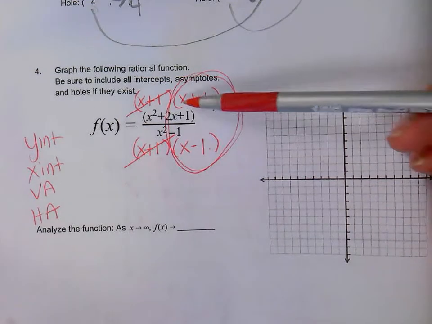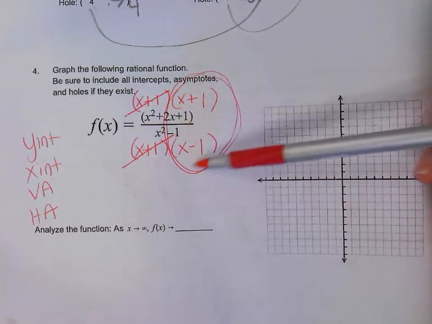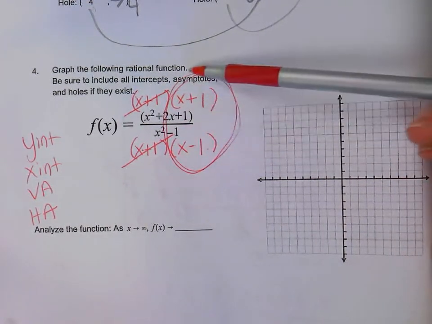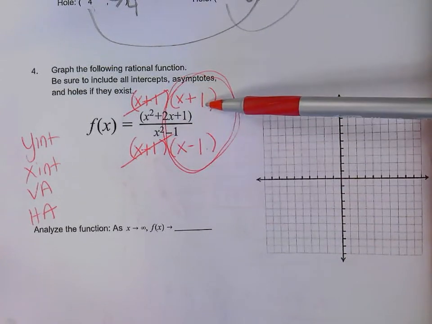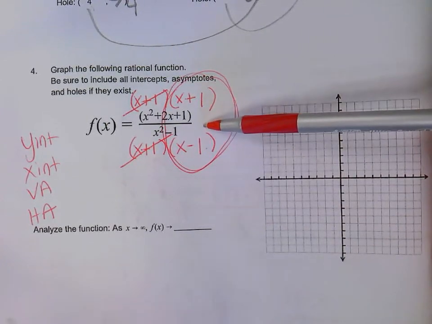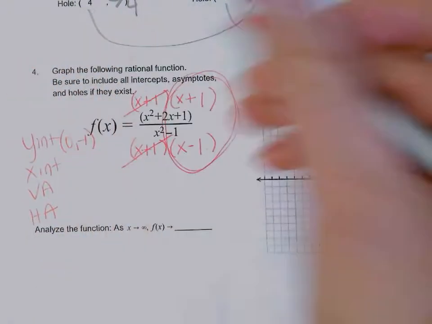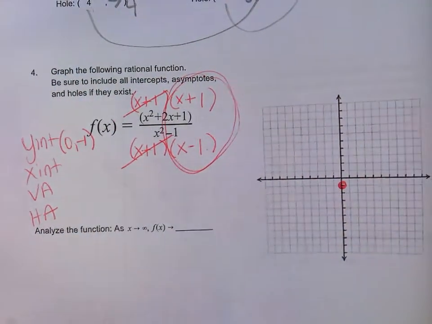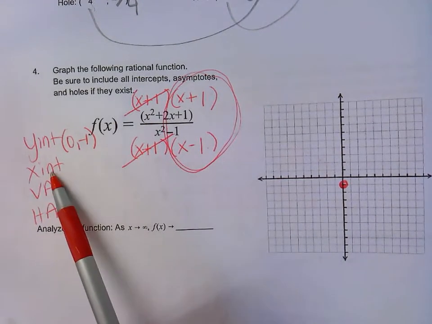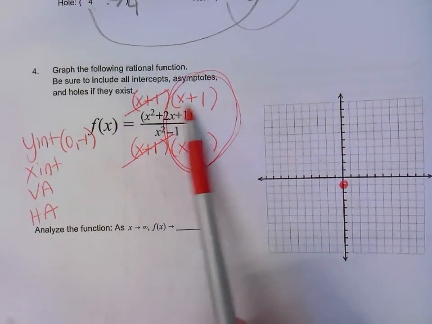y-intercept? When I plug in 0 for all the x's, I get 1 divided by -1. So -1 is my y-intercept. Okay, my x-intercept. What will make the numerator 0?